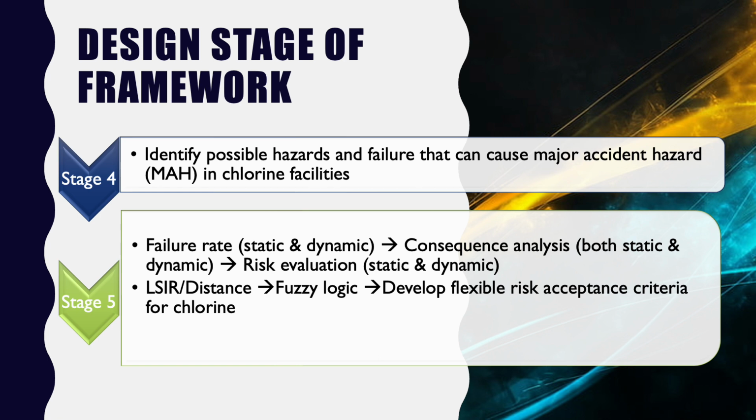Then stage 4 is identify possible hazards and failures that can cause major accident hazard in the chlorine facility. And stage 5, we can calculate the failure rate using static and dynamic, and then we get the consequence analysis for both static and dynamic, and then risk evaluation for the static and dynamic.